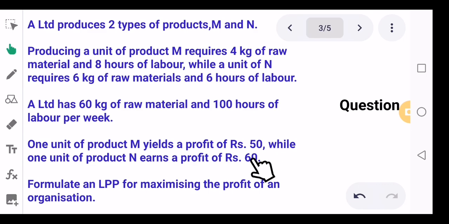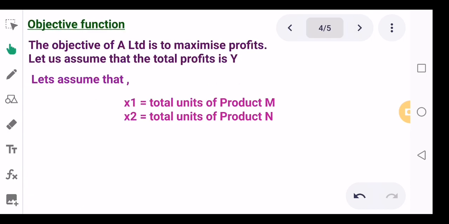To know the total profit, we should know how much profit you're going to get from product M and how much profit you're going to get from product N. Let me just put it down. Look at this.